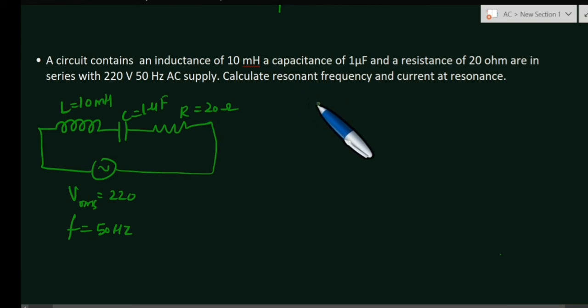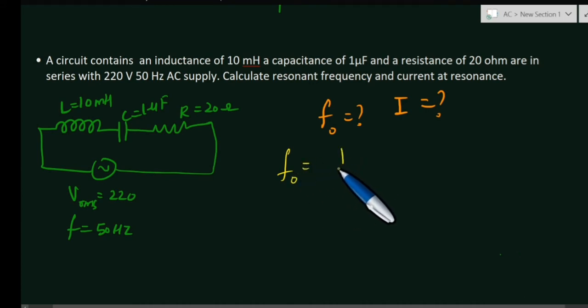Now, what is the value of resonant frequency and current at resonance? We have a formula for resonant frequency: F naught is equal to 1 divided by 2 pi root LC. L value is given, C value is given, so we can calculate F naught easily.